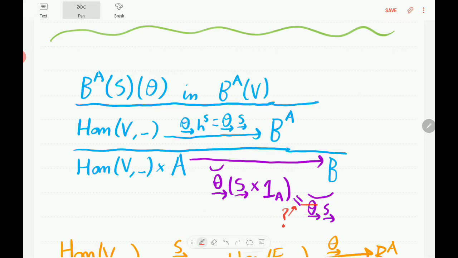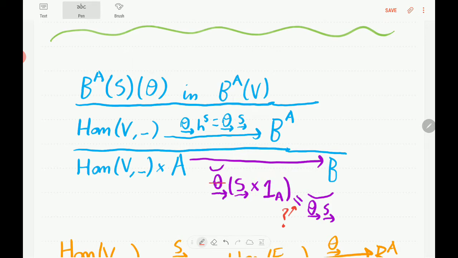So we're interested in what's the anti-transpose of theta under arrow after s under arrow. And I claim that this has this form here: it can be written as the anti-transpose of theta under arrow, after s under arrow times the identity arrow of a.